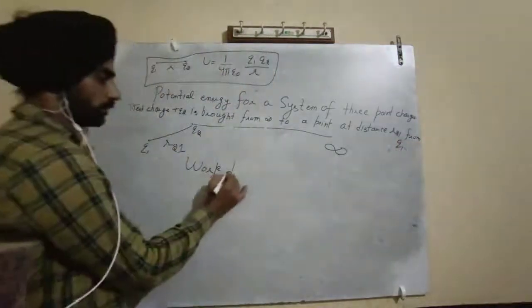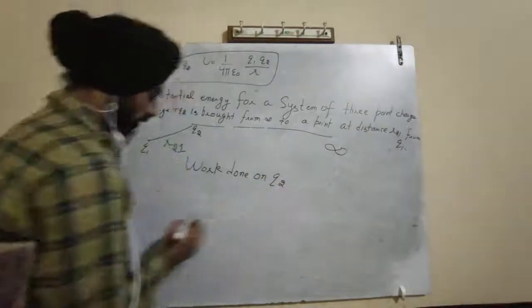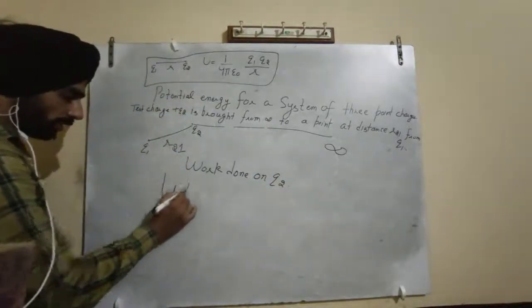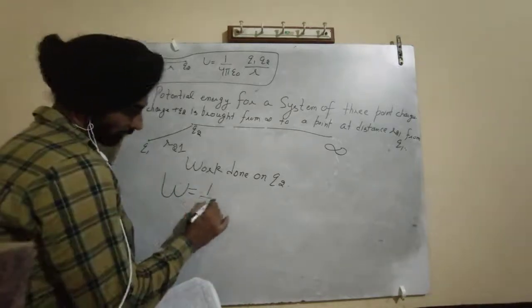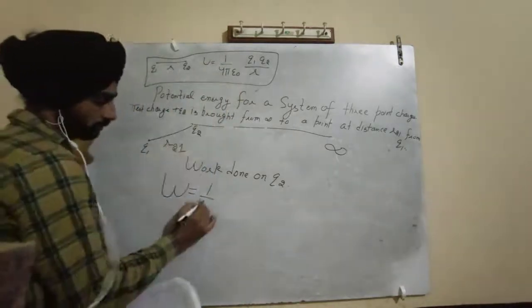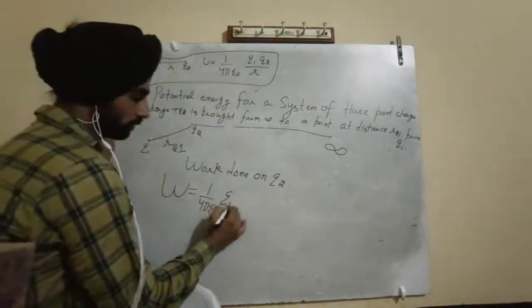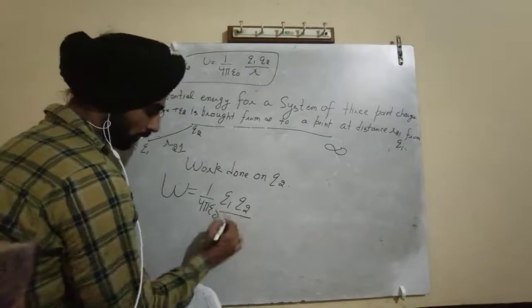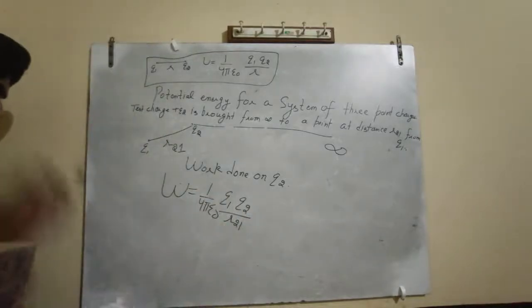So work done on Q2, what is the value? The work done, which means potential energy, is 1 upon 4 pi epsilon naught Q1 Q2 upon r21.